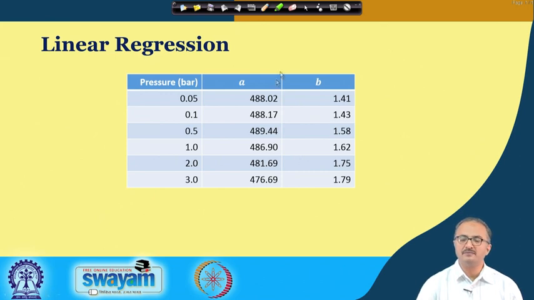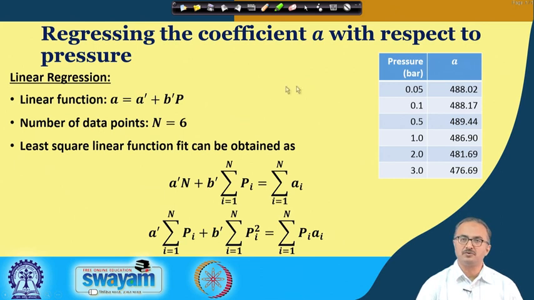To illustrate the point of getting the regressed value with respect to both temperature and pressure, we again regress these A and B values with respect to pressure. That means we put A as a function of pressure and B as a function of pressure. First we do the regression for A. Here we define A equal to A prime plus B prime into P, and we have 6 data points.